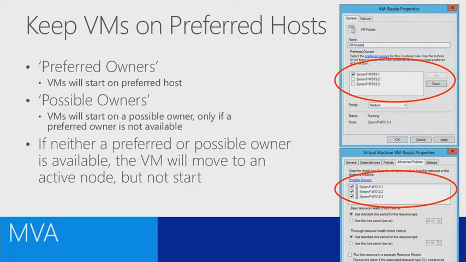Now you can have multiple preferred owners. So you have VM1, Node 1, and Node 2. It will go to one of those 2 nodes. So if it's on Node 1 and Node 1 fails, it will move over to Node 2. Then we also have an option for second place owners, which we call possible owners. If your preferred owner is unavailable, we'll move over to our secondary owners, our possible owners.